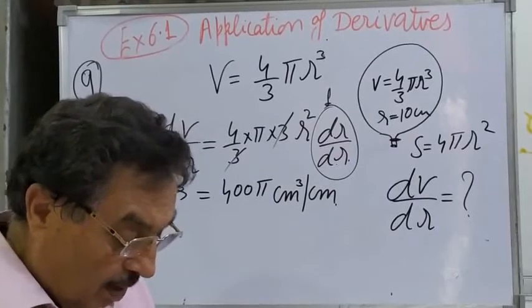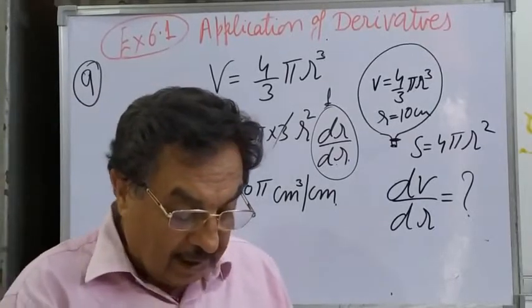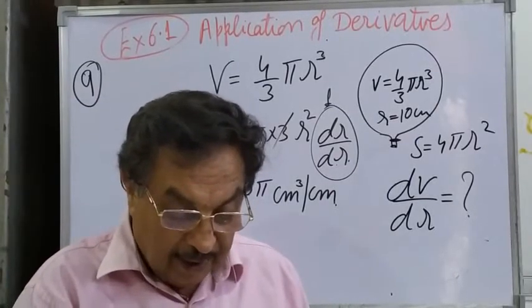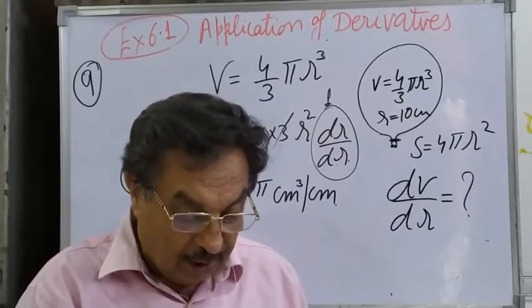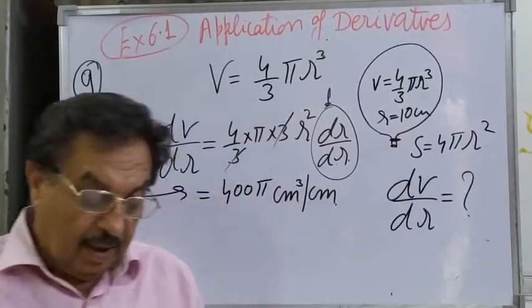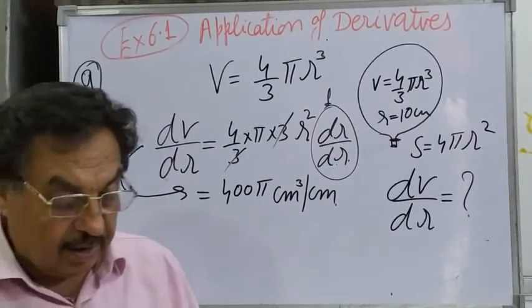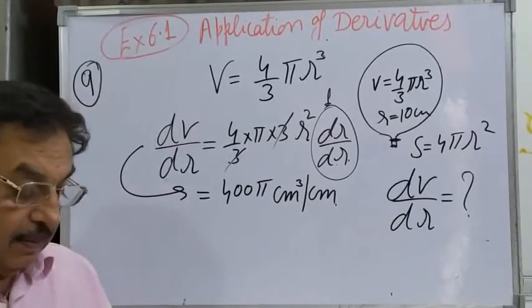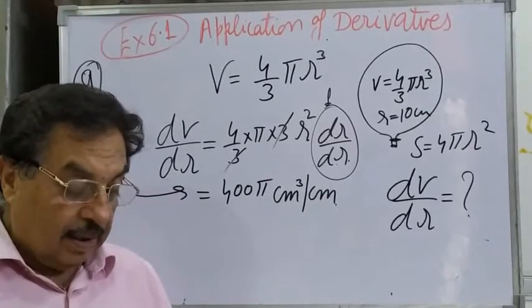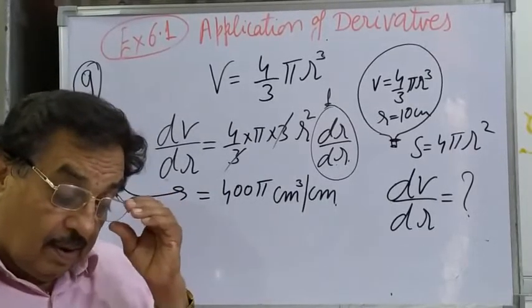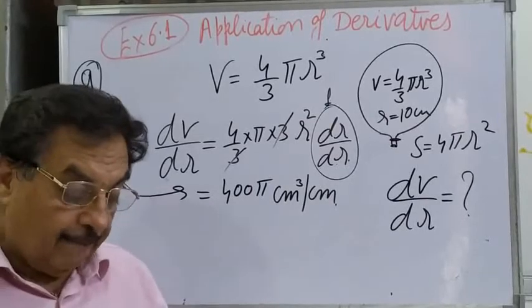Now question number 11. A particle moves along a curve. Find the points on the curve at which the y coordinate is changing 8 times as fast as the x coordinate. I am going to go to question number 11 of exercise 6.1.